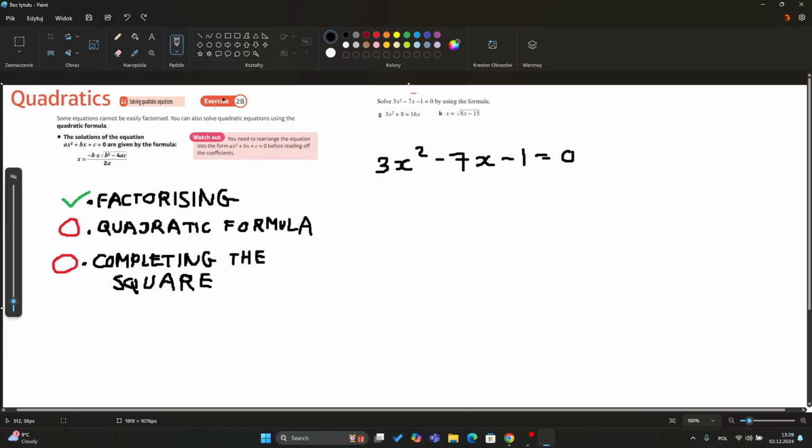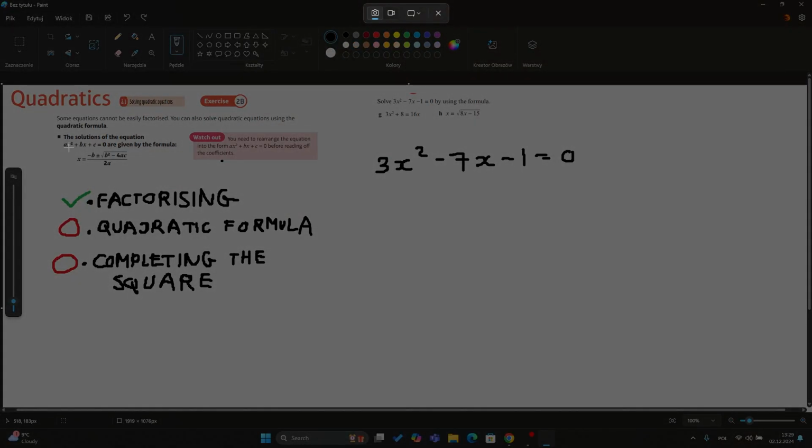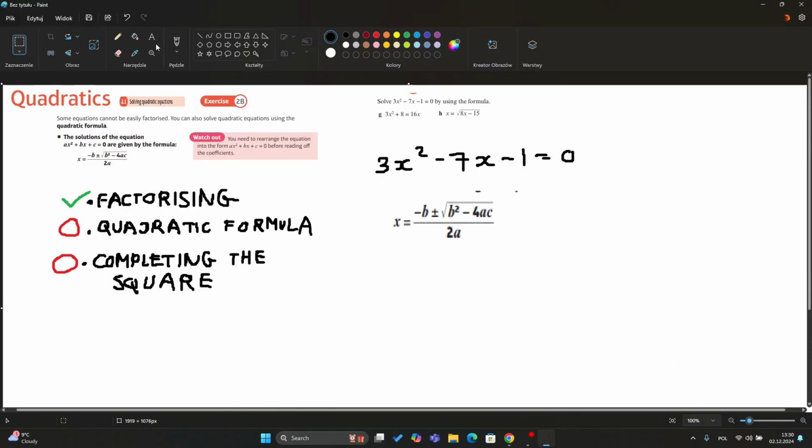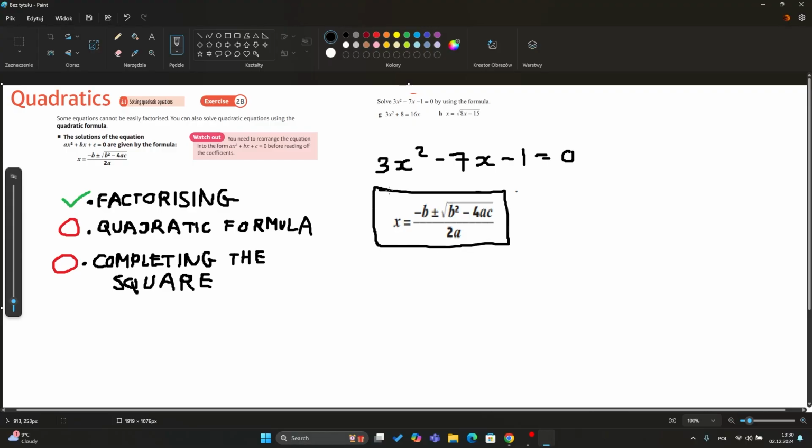Now the quadratic formula is as follows. When you have ax squared plus bx plus c, then you have this following formula applied to the equation. So we care about the coefficients.